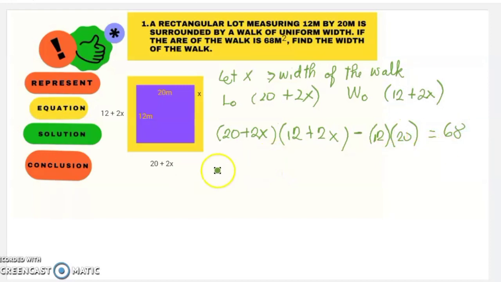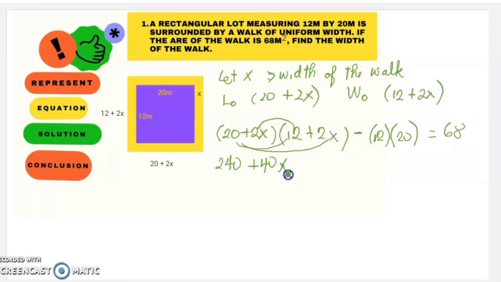Okay, and then, we solve for the solution. We simplify it. Paano i-solve to? 20 times 12 is 240, right? Next, 20 times 2x is 40x. Positive 2x, ayan na tayo ha.